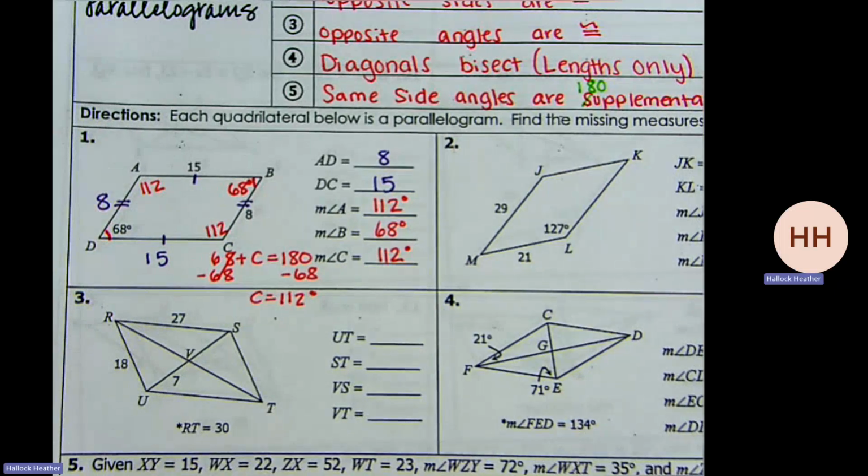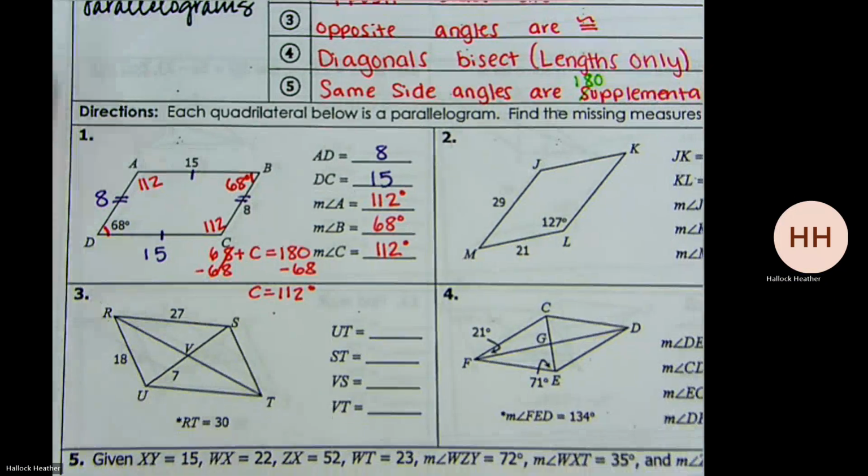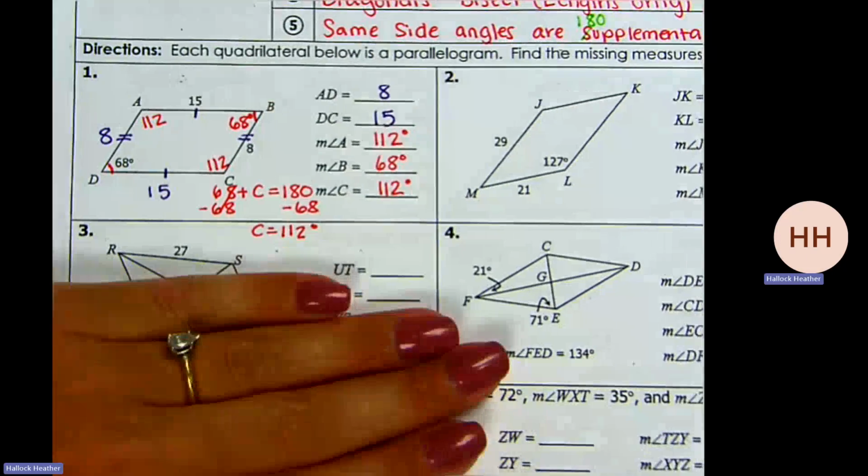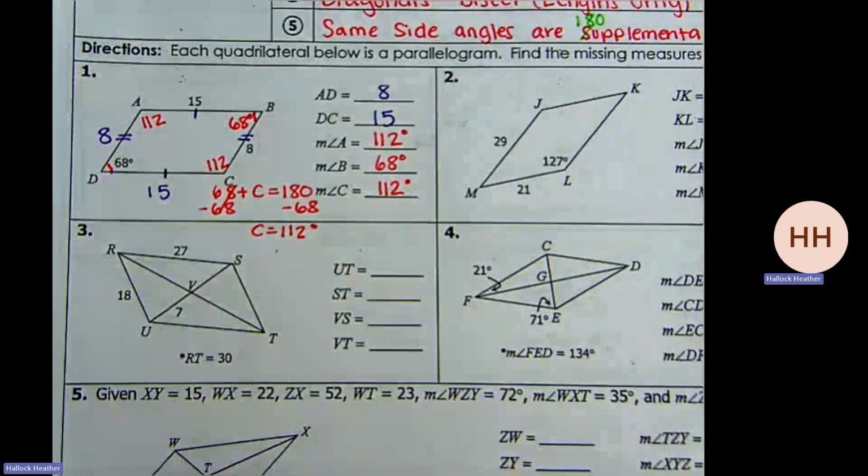Okay, let's go to 3. We're going to use that same kind of process. Actually, disregard 3. Actually, no, do 3. I lied. Don't listen to me. Do 3. Fill in what you can.